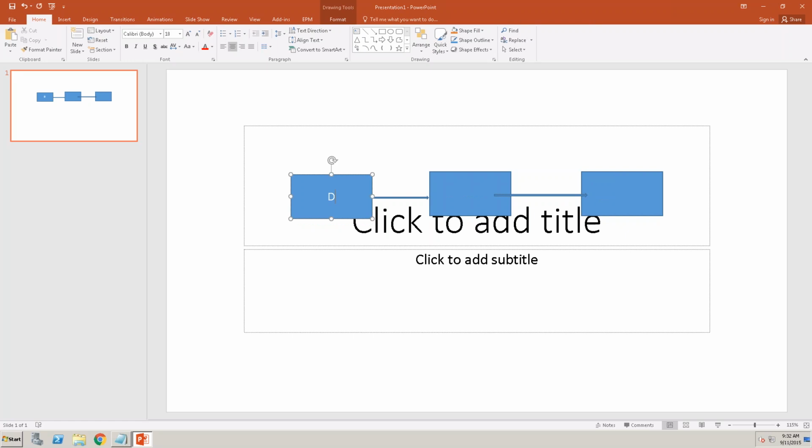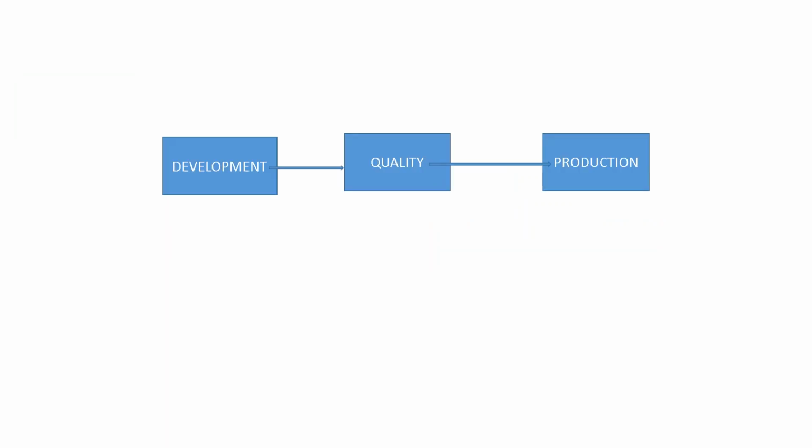Now this is my development system. This is my quality. This is my production system. So this would be a very minimal landscape.